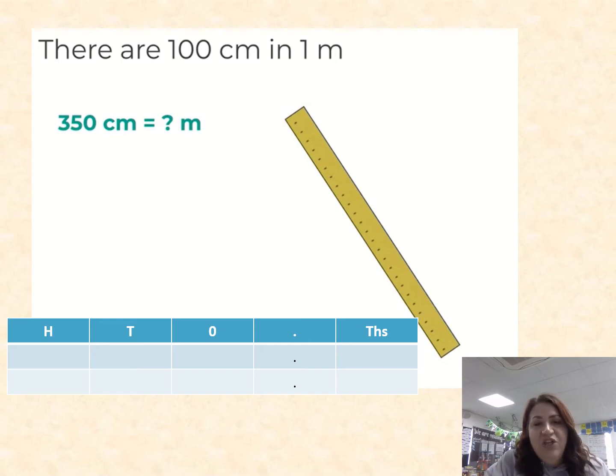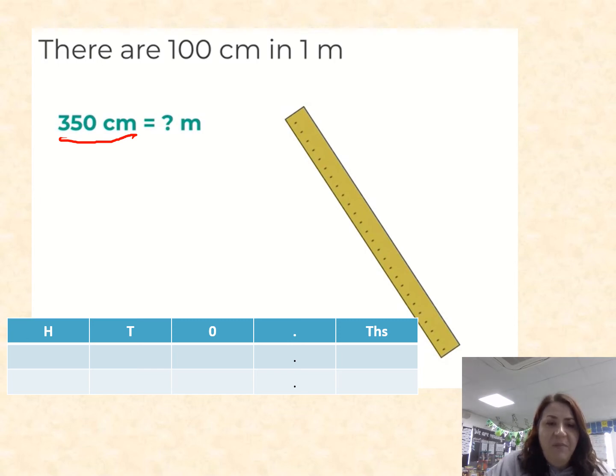Yesterday we looked at converting centimetres to millimetres and millimetres to centimetres. Today we're going to be looking at converting between centimetres and metres. So if we know that there are 100 centimetres in 1 metre, can we work out how many metres there are in 350 centimetres?